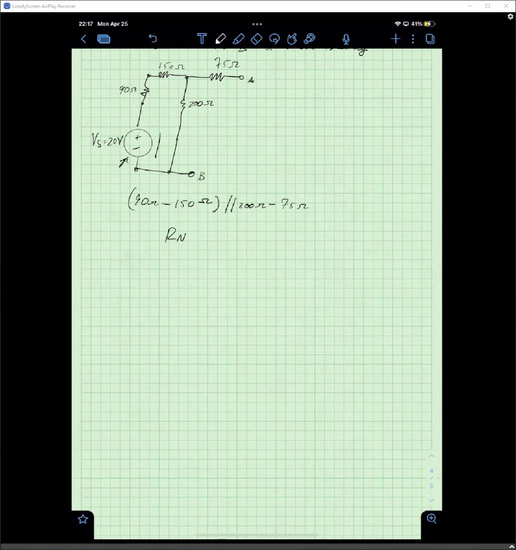So your Norton resistance equation looks like 75 ohms plus 200 ohms, which is in parallel with 240 ohms, which would be 75 ohms plus 240 ohms times 200 ohms over 240 ohms plus 200 ohms, which would leave you with 184.09 ohms.